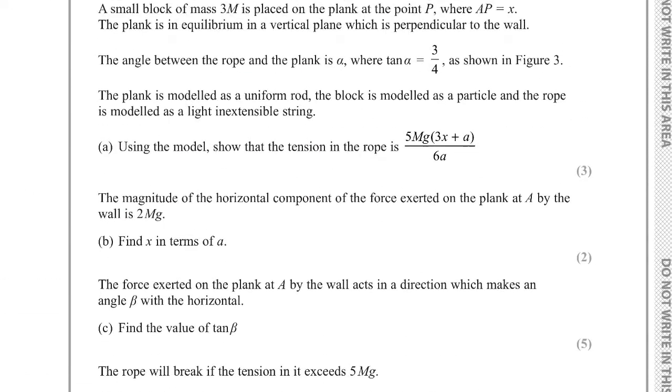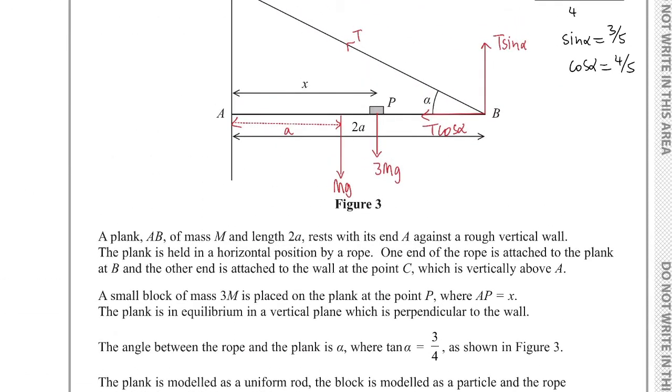So if we go back to the diagram, the magnitude of the horizontal component of the force exerted on the plank at A. So that is a force here. And this force here has a magnitude of 2 mg. So it's obvious that what we can do is set these two equal because they are the only horizontal forces acting.